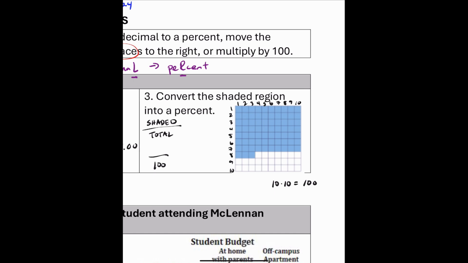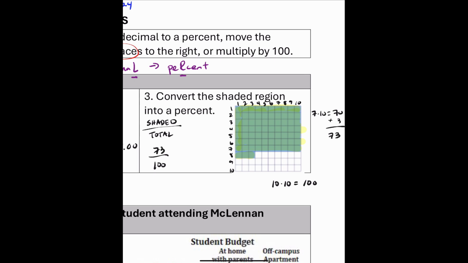Okay, well, here, this is a 7 by 10. Right? So if I shade these things, that is a 7 by 10. But we have 3 more. So 7 times 10 is 70, plus another 3. That's 73.